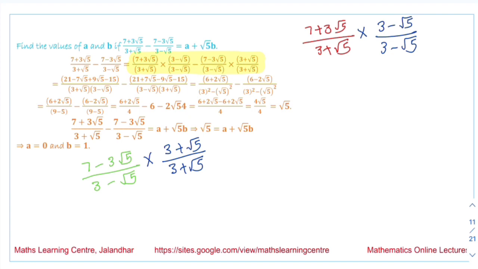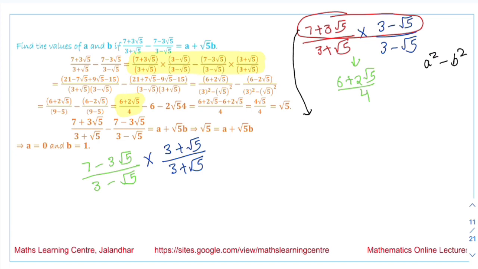So when you solve the first term, the answer you get is 6 plus 2 root 5 by 4. You can try to simplify these values using the formulas. If we look at the numerator, in the denominator it is a square minus b square.